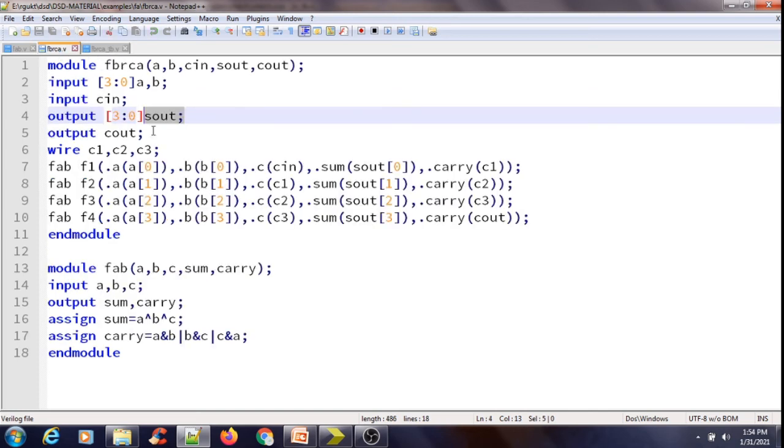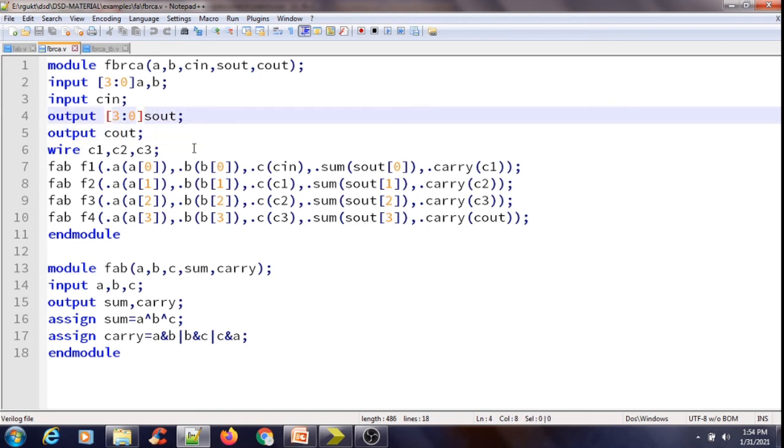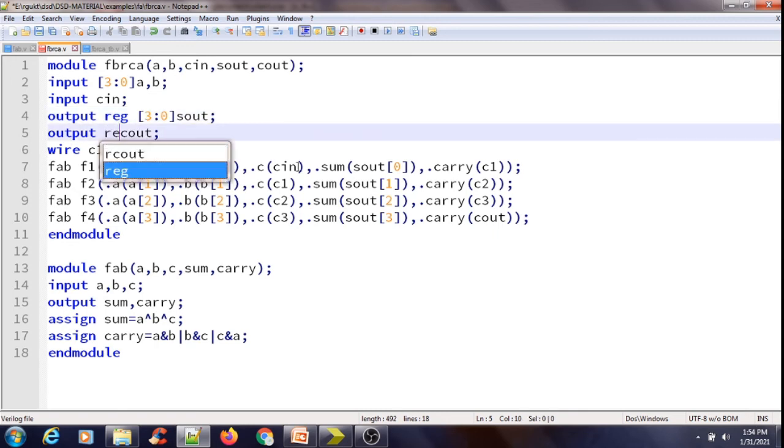Coming to the 4-bit triple carry adder, A, B, C in are present inside a module, so there is no need to define them exclusively with wire, like input wire, not required actually. Whenever it is output sum and C out, I can keep output reg 3 down to 0 sum, and output reg C out also, this is also correct.